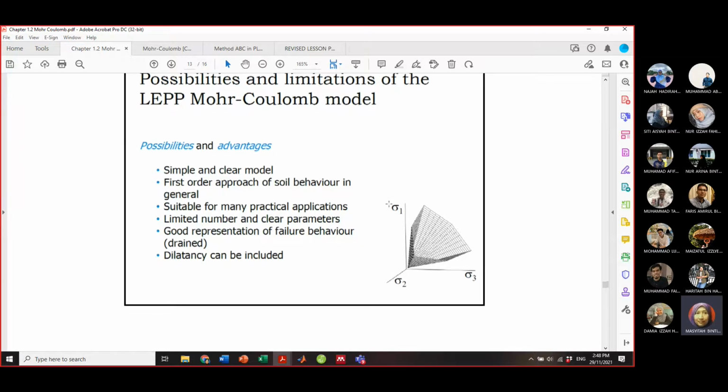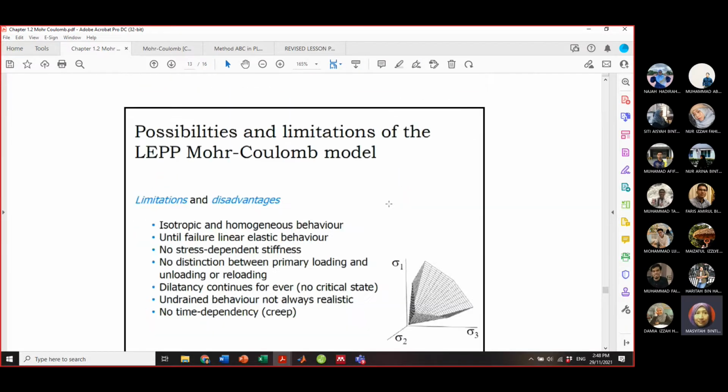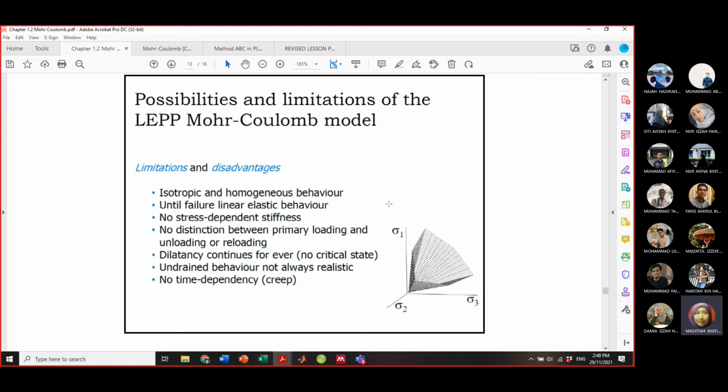Okay, the next one is on the disadvantages. When we promote Mohr-Coulomb, it's not that Mohr-Coulomb is the best, there are more advanced models. If you look at the slide pictures I showed earlier in the class, exactly what happens when you plot the triaxial test is actually non-linear behavior.